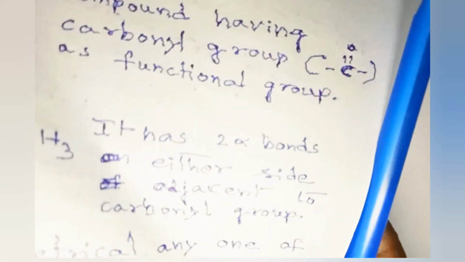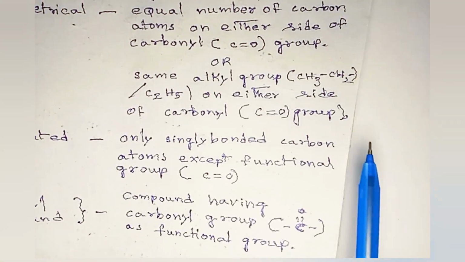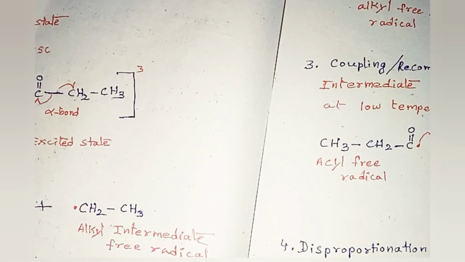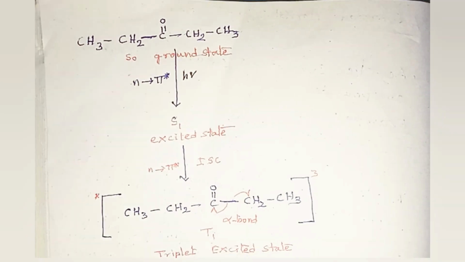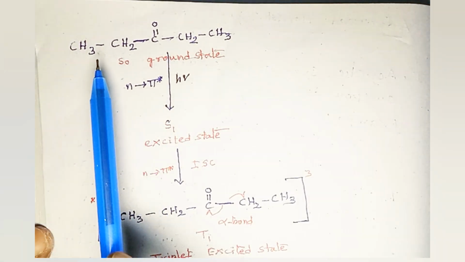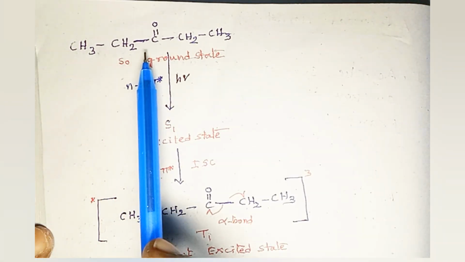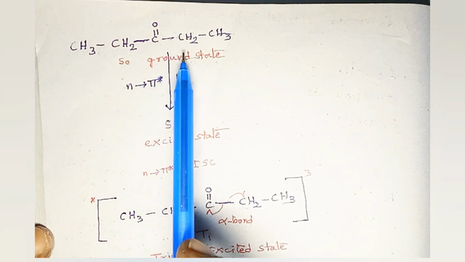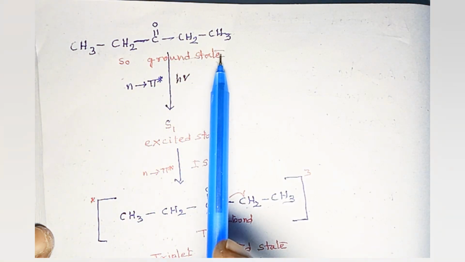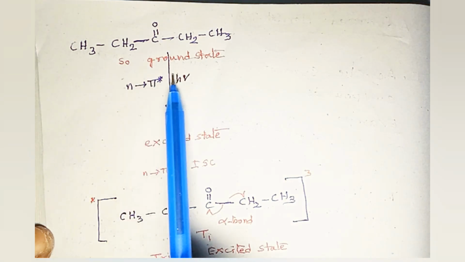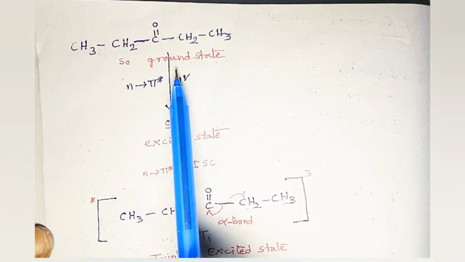Let's see how it happens. CH3CH2 C double bond O CH2CH3 is in the ground state.